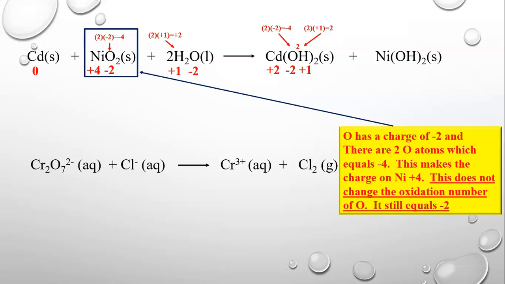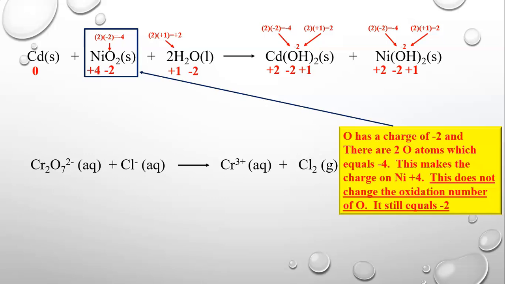However, that does not change the oxidation number of hydrogen, which is +1, or of oxygen, which is -2. Over here we have the exact same thing with the nickel hydroxide. So 2 minus 4 gives you -2. You have a +1 for the hydrogen, a -2 for the oxygen, and the nickel is +2 in that compound.